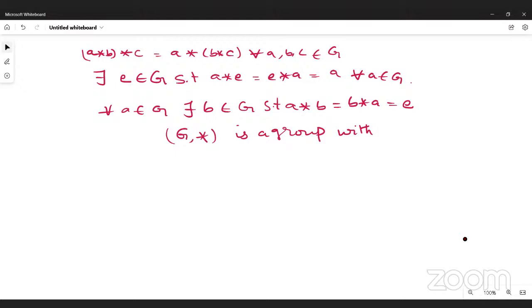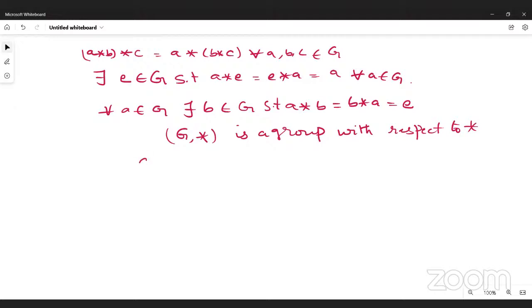G star is a group with respect to star if star is associative, there exists an element e belonging to G such that a star e equals e star a equals a for every a belonging to G, and also for every a belonging to G there exists b belonging to G such that a star b equals b star a equals e.